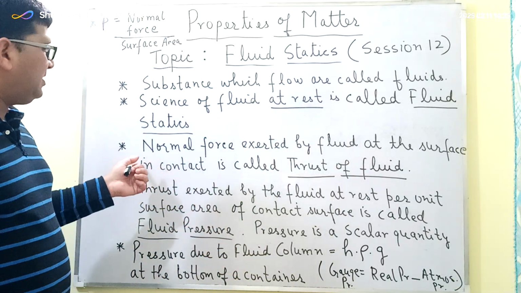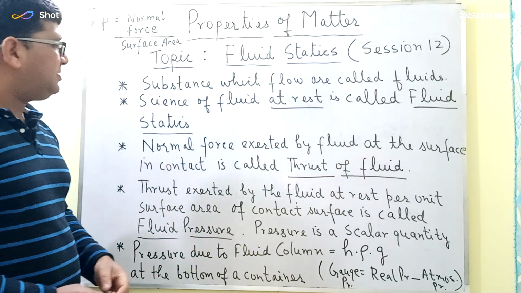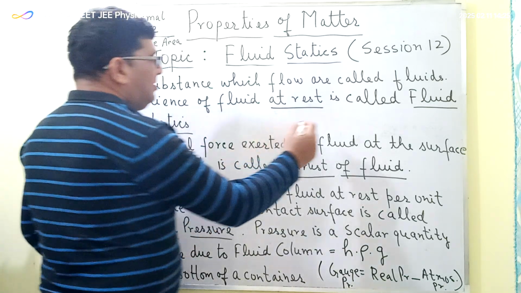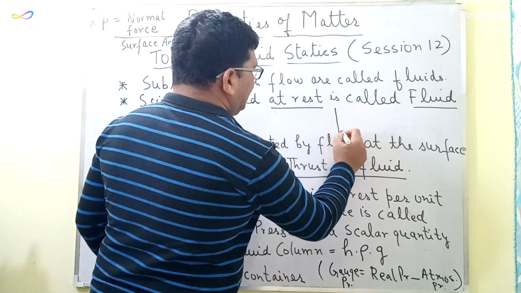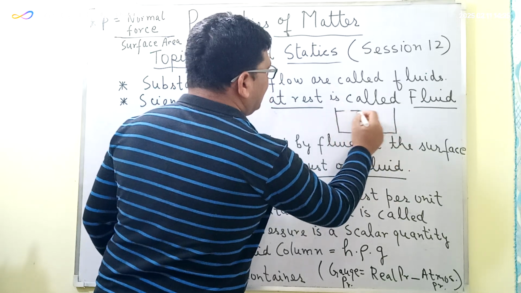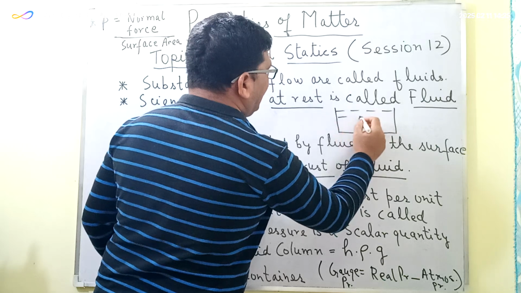The third important point is that the normal force exerted by a liquid at the surface in contact is called the thrust of the fluid. So let us say there is one container here, and this container is filled with a liquid which is at rest.